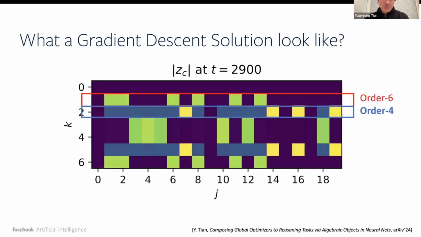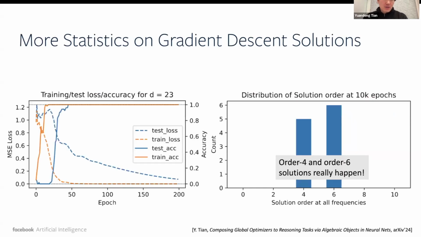You also see other solutions. For example, in this particular case, frequency 2 has 4 neurons associated with it. But at the same time, you also have some bias along other neurons. So it's highly regular, and you may wonder whether this happens for larger scale problems.